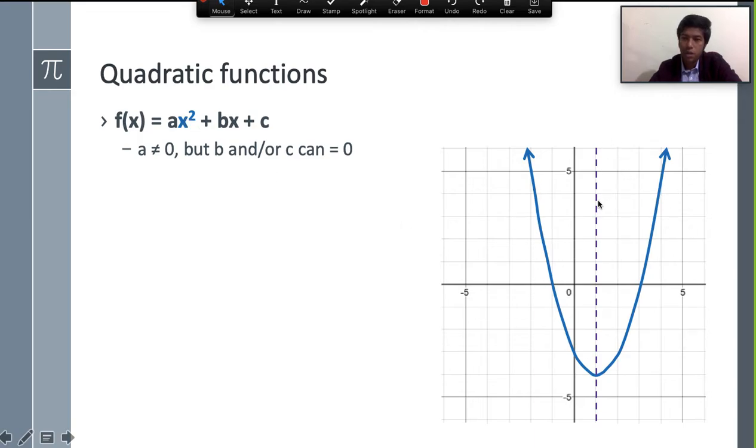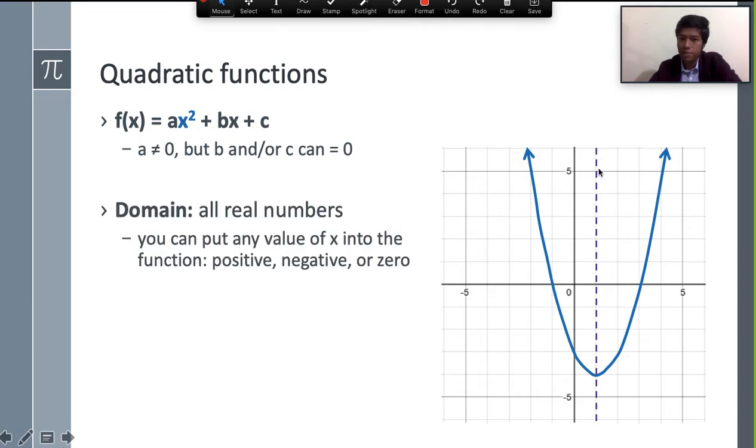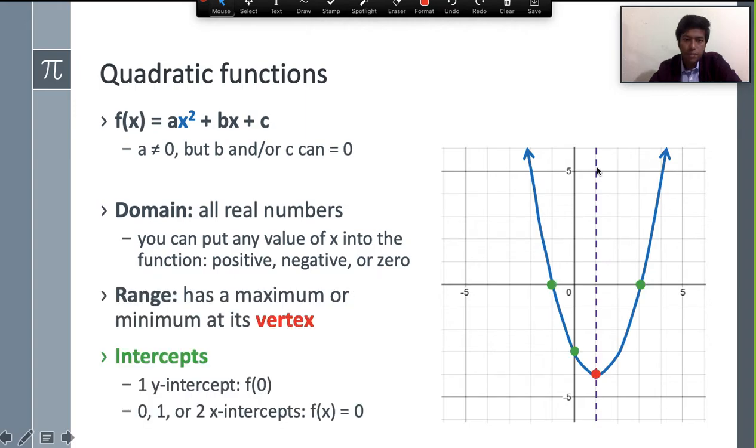This is the vertex, the point where the graph actually stops decreasing or stops increasing.